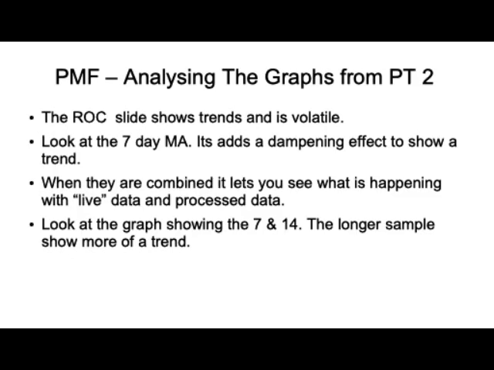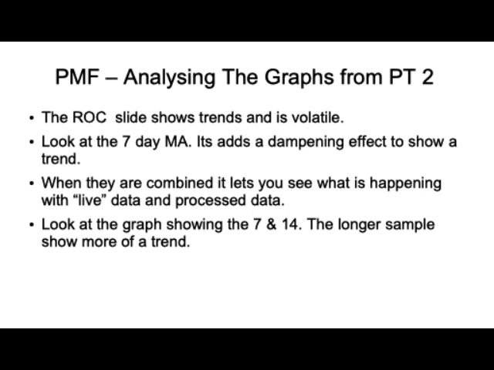Okay, so how do we analyse the graphs that we produced in part 2? The ROC, or rate of change slide, shows the trend is very, very volatile. It's literally sample by sample data with no analysis and no processing.